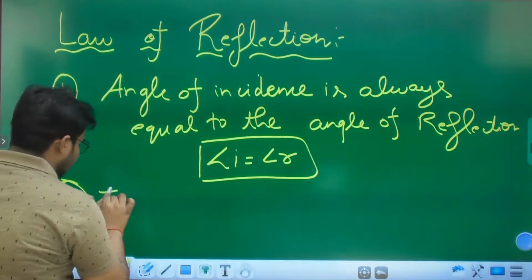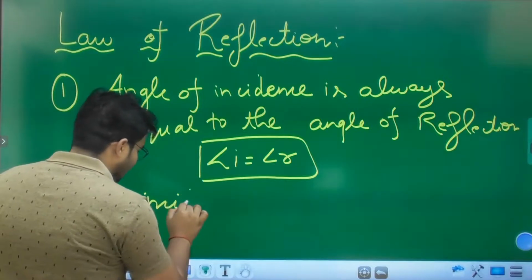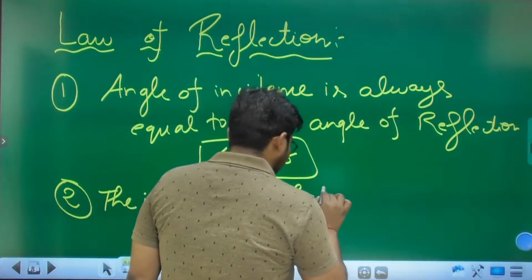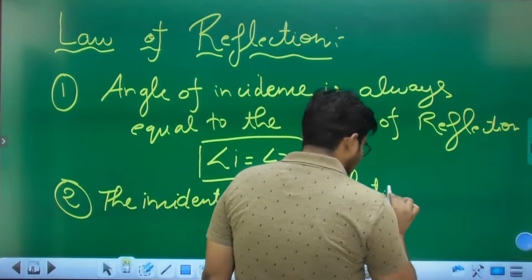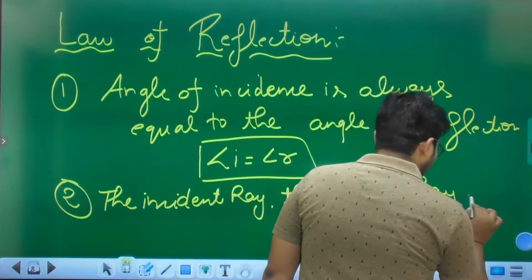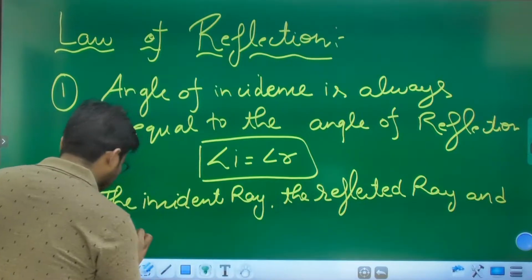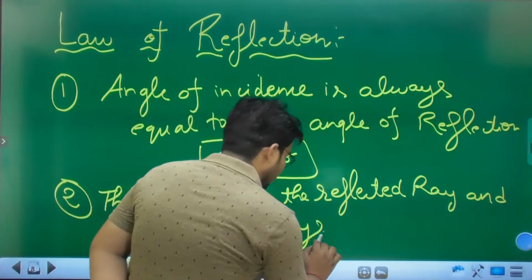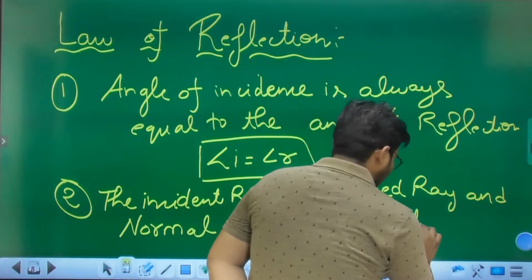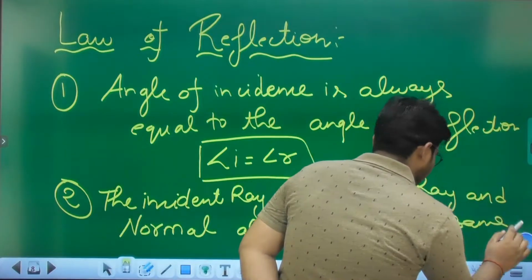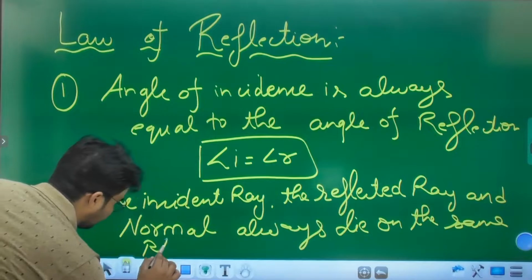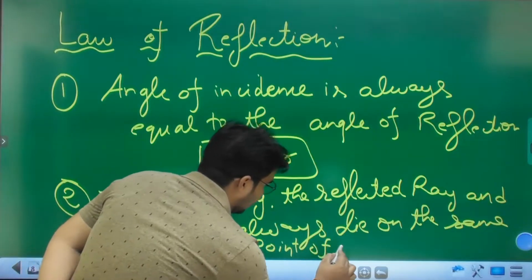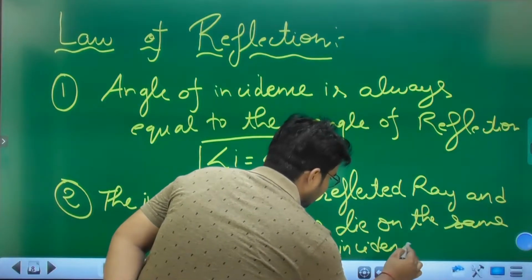So you write here: the incident ray, the reflected ray, and the normal always lie on the same plane, that is, at the point of incidence.